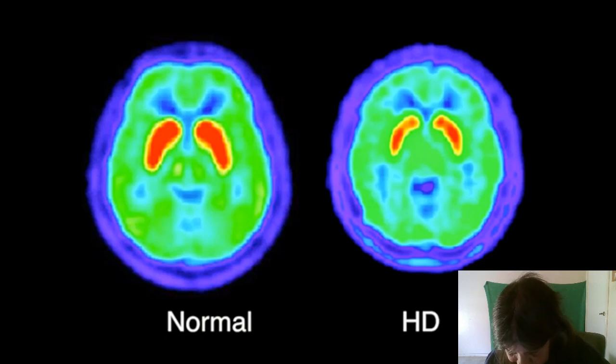Okay. Impairments in involuntary movements rather than the voluntary movements may have a greater impact on a person's ability to work, perform daily activities, communicate, and remain independent.